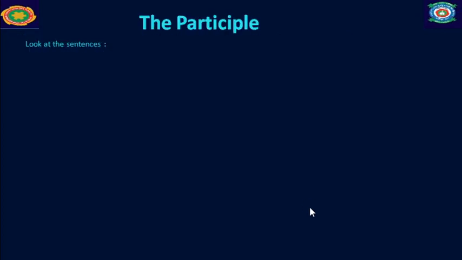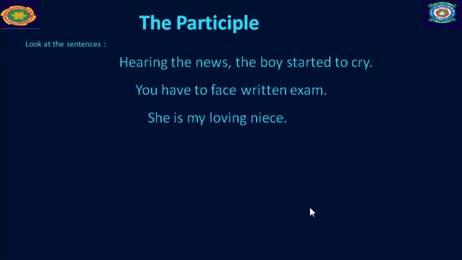Next, participle. What is called participle? When a participle acts as adjective and verb, right? Hearing the news, the boy started to cry.